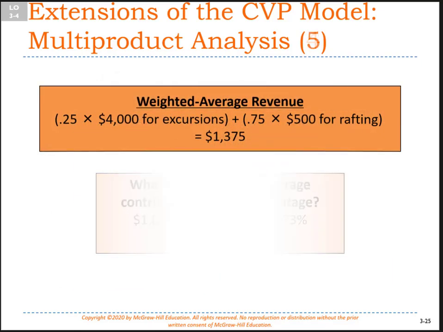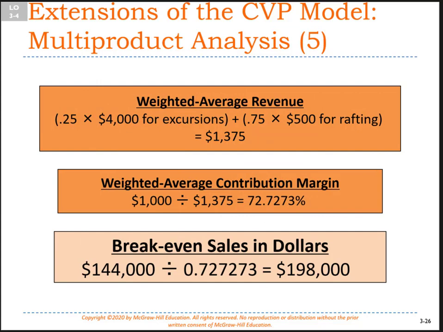But if you round it off to 73 or 72.7, then that 198 is not going to be exact. And that's okay. Remember, we're just estimating. As long as it's in the ballpark. So 144,000, break-even sales in dollars. You take the fixed cost, you divide it by the contribution margin percent, equals your break-even in dollars.